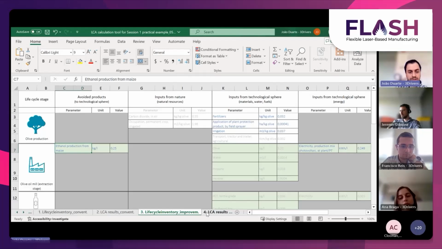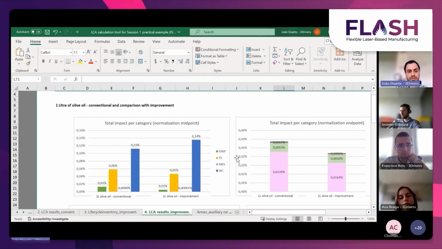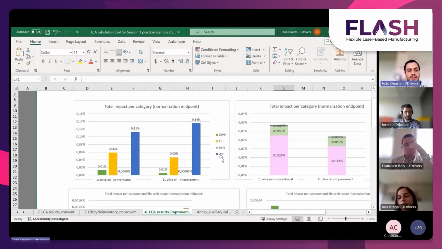I think it's all, so we can now go to the results, and here we see the comparison between the conventional process that we saw first and the improvement.